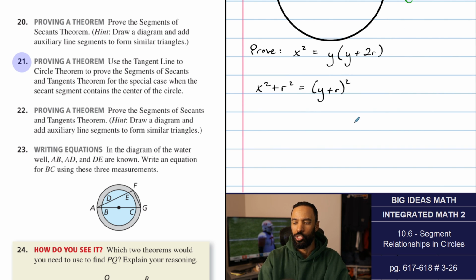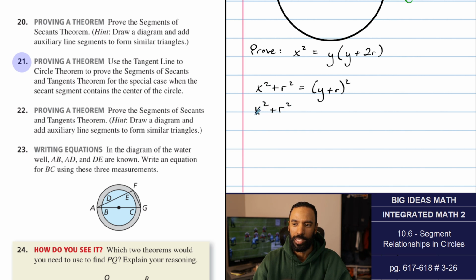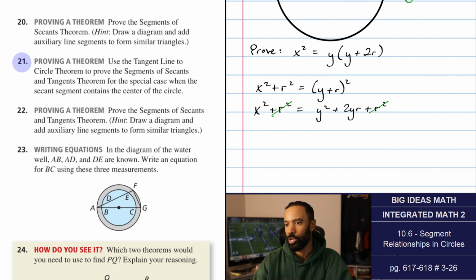I just don't know what I want to do with this as a whole. Do I get r by itself? I guess I get x squared by itself. x squared plus r squared equals, and then this becomes y squared plus 2yr plus r squared. If I subtract r squared from both sides, this goes away.